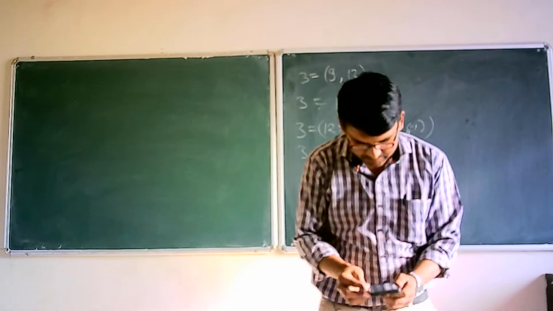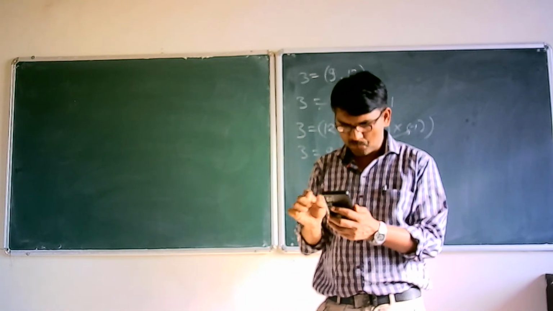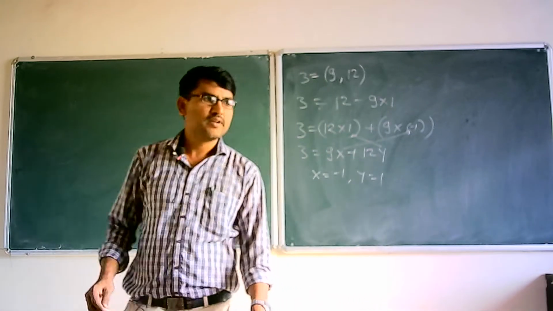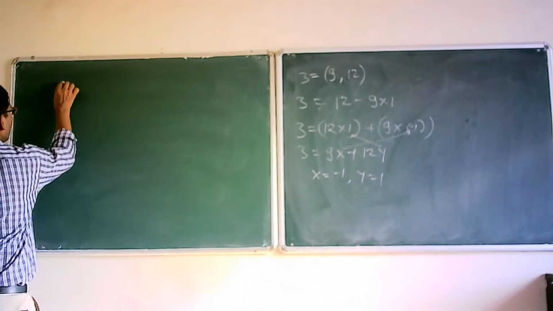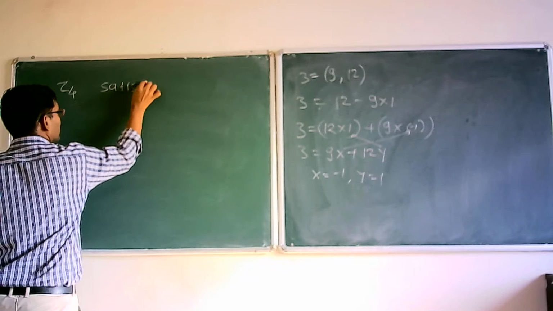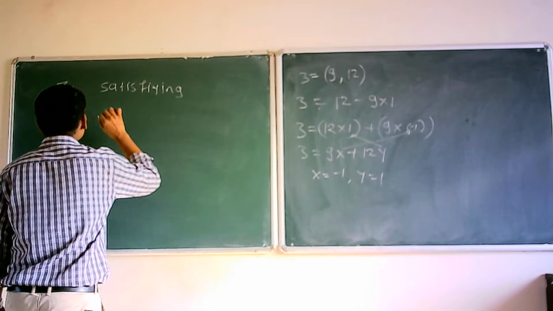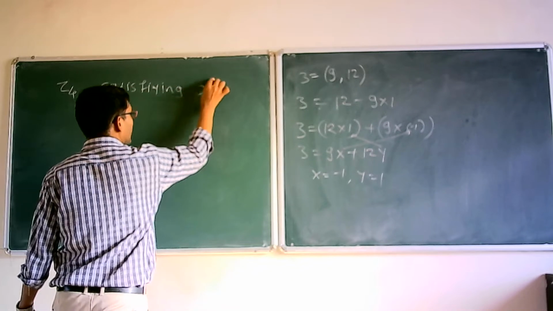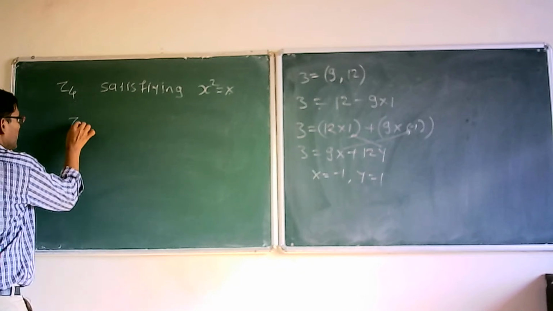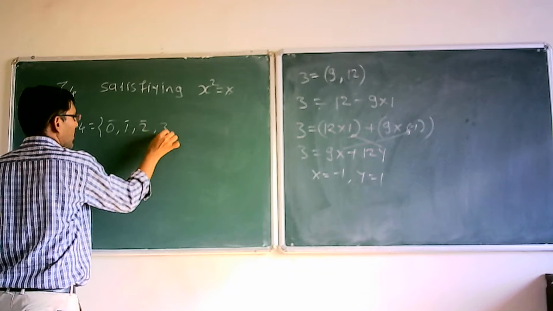Now next. Find all elements in Z4 satisfying x square is equal to x. So what is Z4? Z4 is 0 bar, 1 bar, 2 bar, 3 bar.